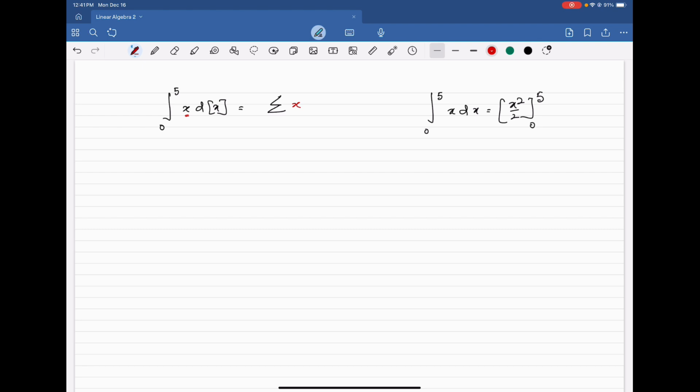These values will be from n is equal to 0.